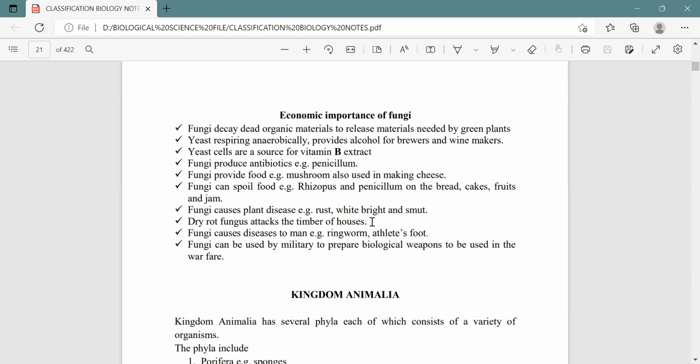They unlock the nutrients and return them to the natural ecosystems so that they can be reutilized. They can be reused by other living organisms. That is how important decomposers are in natural ecosystems.